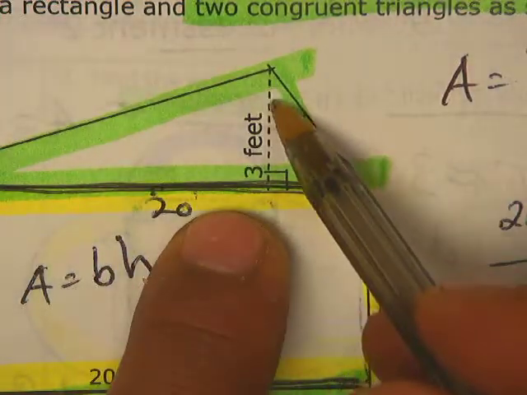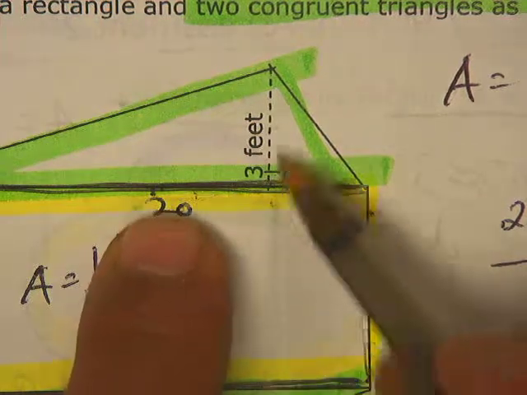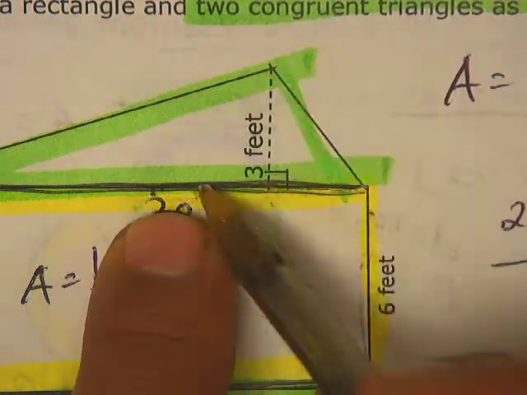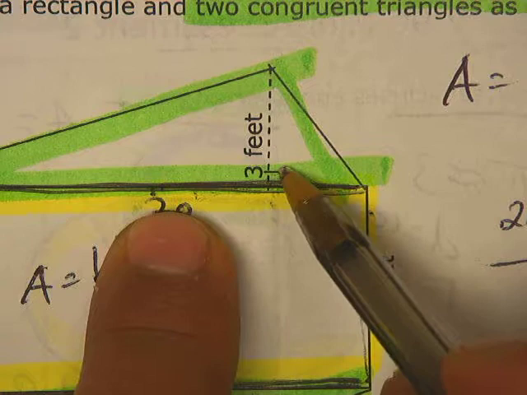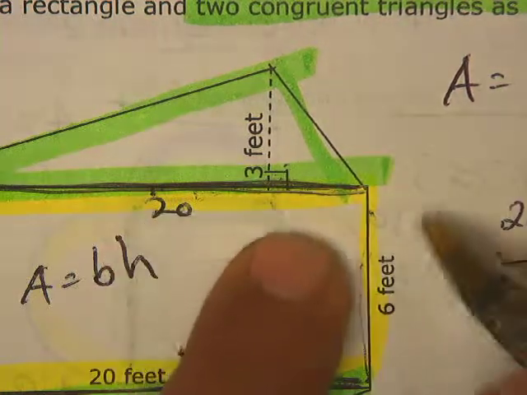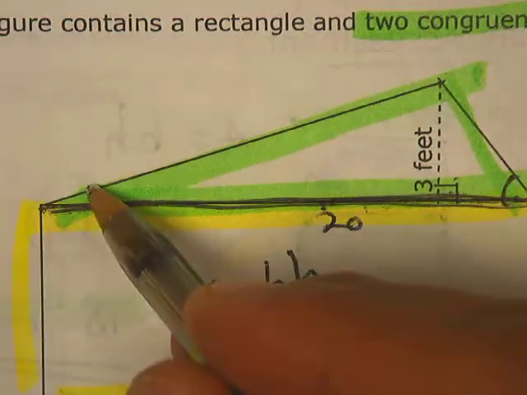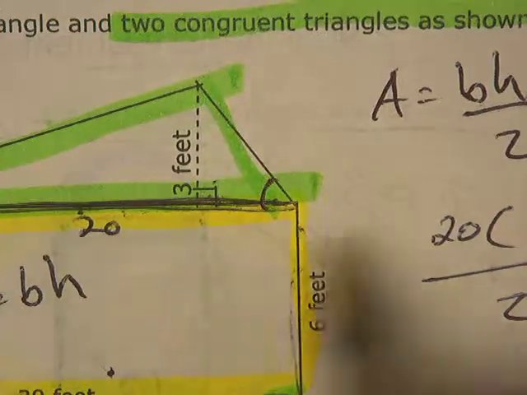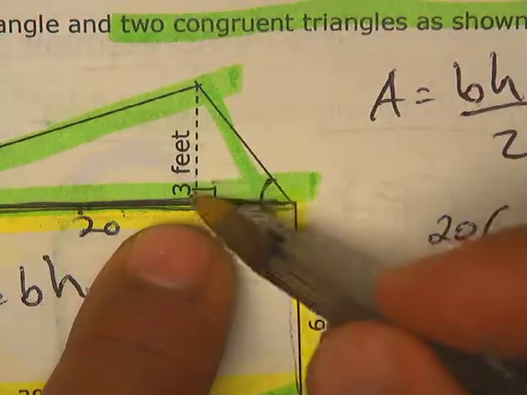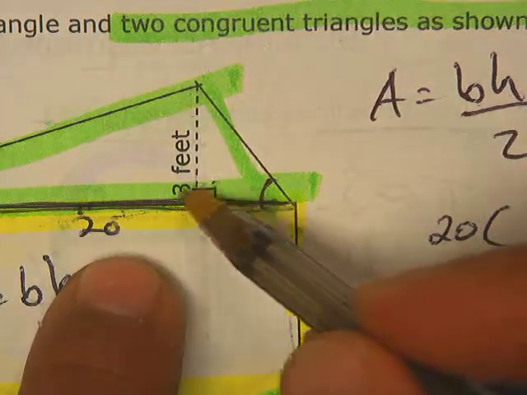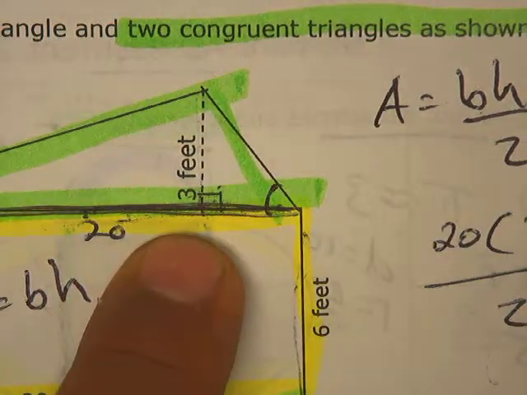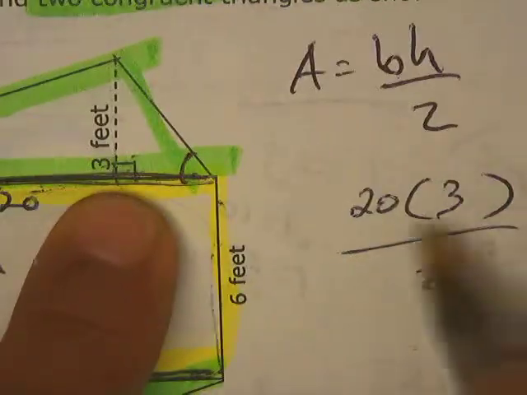So 20, what is the height? Well, the height always hits the base at a right angle. If I zoom it in, you'll notice right there that this line and this imaginary line coming down are perpendicular. What does that mean? Perpendicular means they create a right angle, a 90-degree angle. I can't use these two because that's an acute angle.